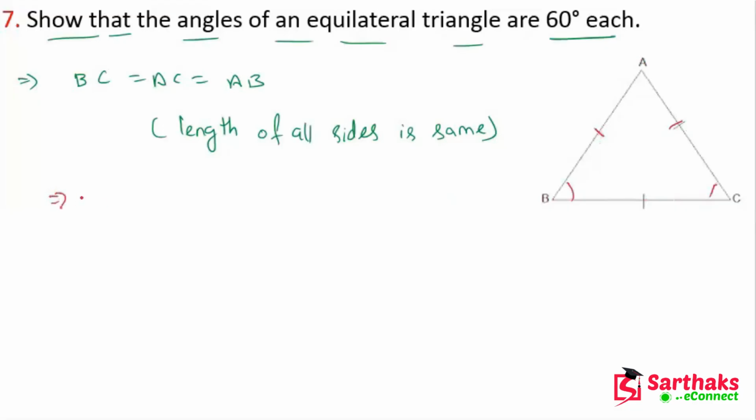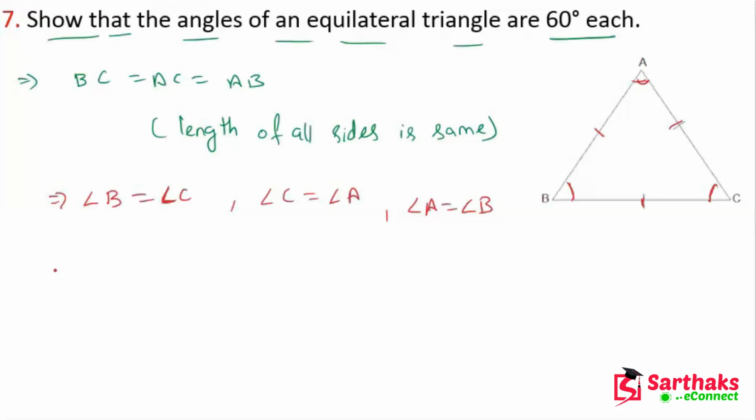We can write angle B is equal to angle C. Again AB is equal to AC, so again by theorem, angles opposite to equal sides are equal, which means angle C is equal to angle A. And again, if BC is equal to AC, then angle A is equal to angle B by theorem.